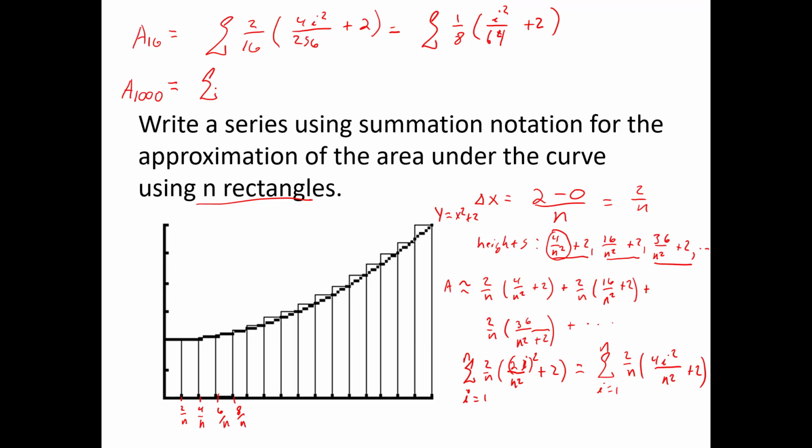And so then this becomes 2 over 1,000 times i squared over 1,000 squared plus 2. Although I wouldn't want to do that by hand, the calculator shouldn't have a problem with that.